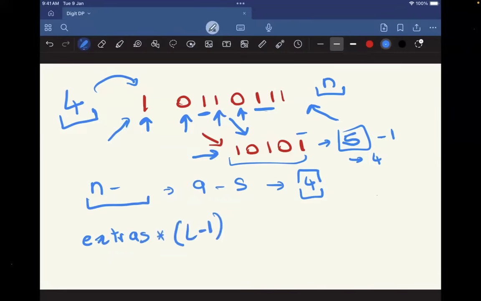This L is not the length of the original string. This is the length of the string that we got of alternating characters. Yes or no? Once we get this string, we have removed all the extras. Now we have got this string. What is the score of this string, guys? Tell me. We just discussed the formula to come up with the score of this particular string. Would someone like to put it up in chat?